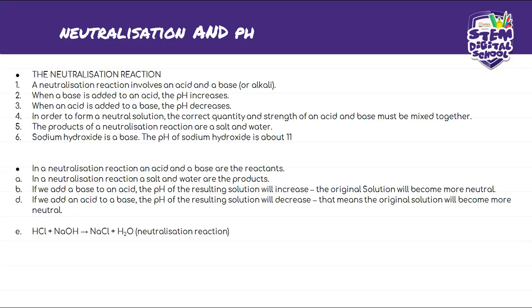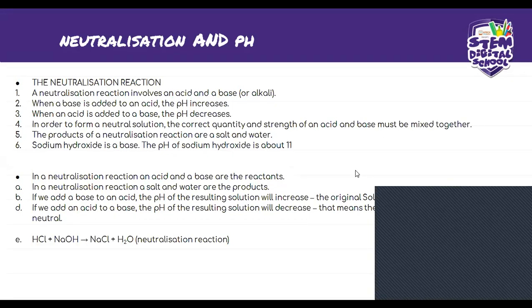If you look at the acid and the base, you will find that each has a positive and a negative part. In HCl, the H on the left is always positive and the Cl on the right is negative. In NaOH, Na is the positive and OH is the negative.